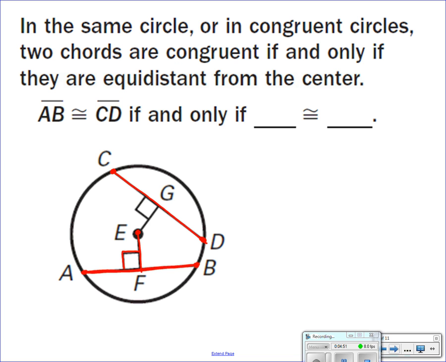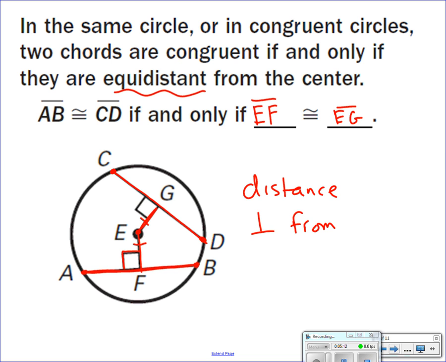So if and only if segment EF is congruent to segment EG. Remember, equidistant means a perpendicular from a point to a line or a line segment.